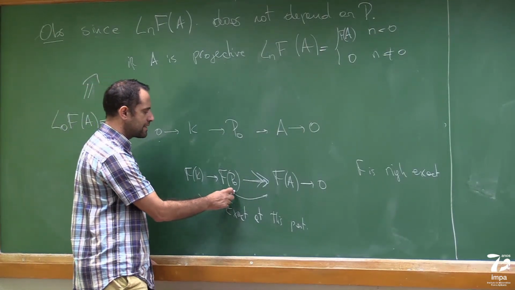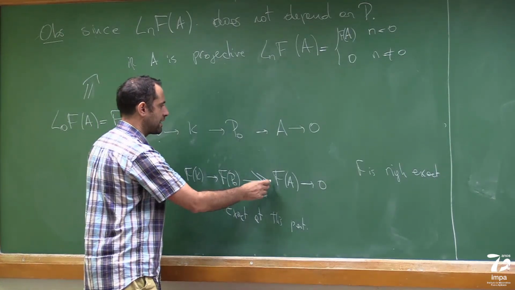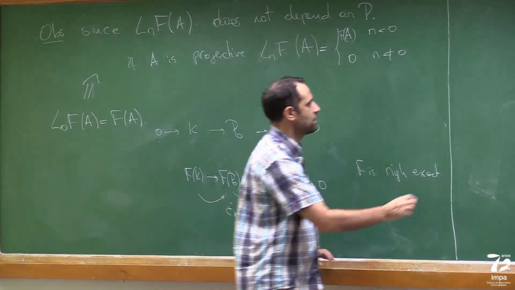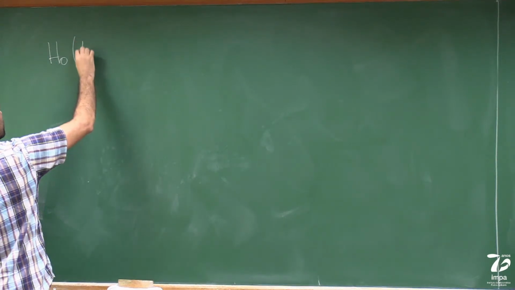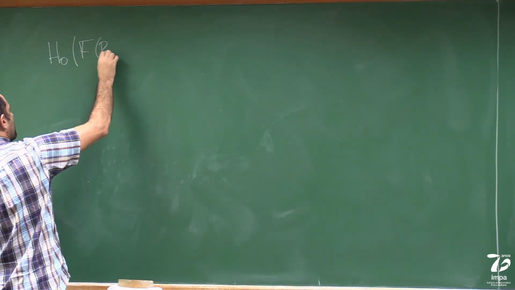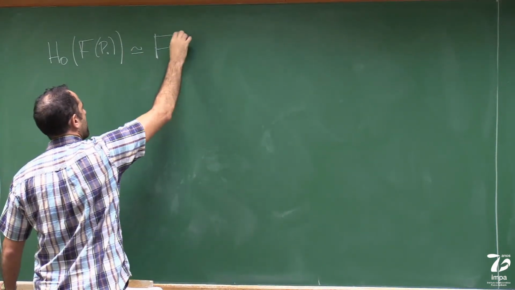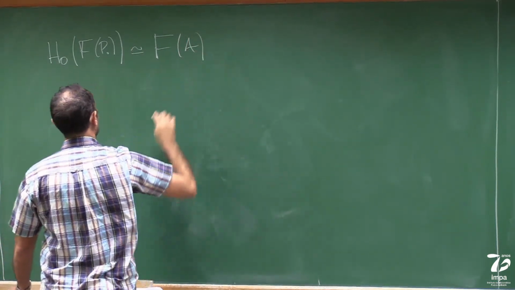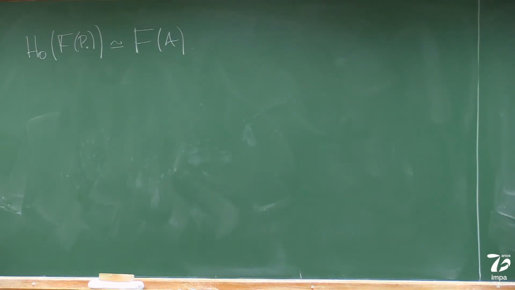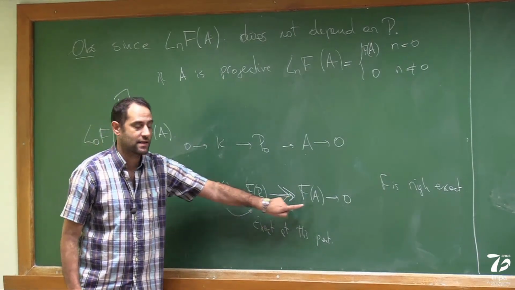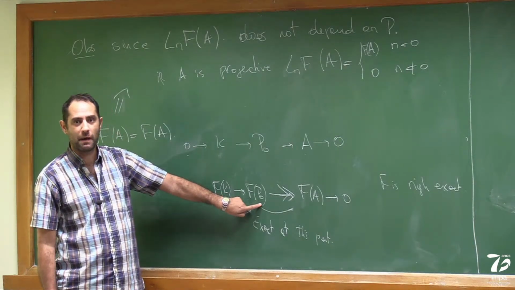Now, this divided by the image of this map, I'll let you check that, you get an isomorphism from H_0 of F(P) to F of A. Since this sequence is exact, this is still the cokernel of this map divided by the image of this map.